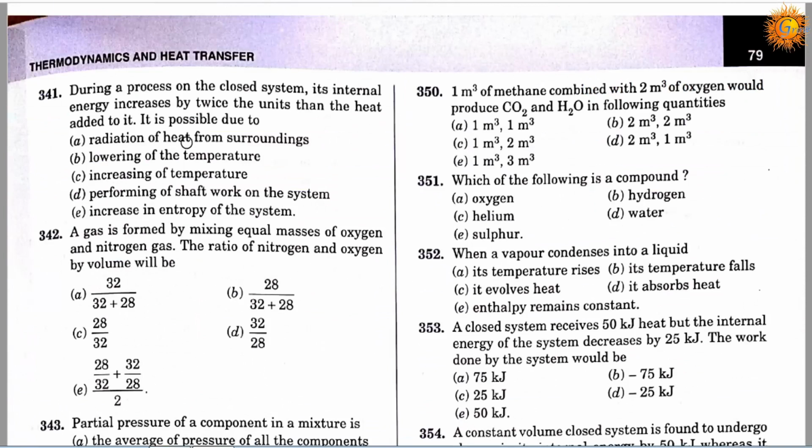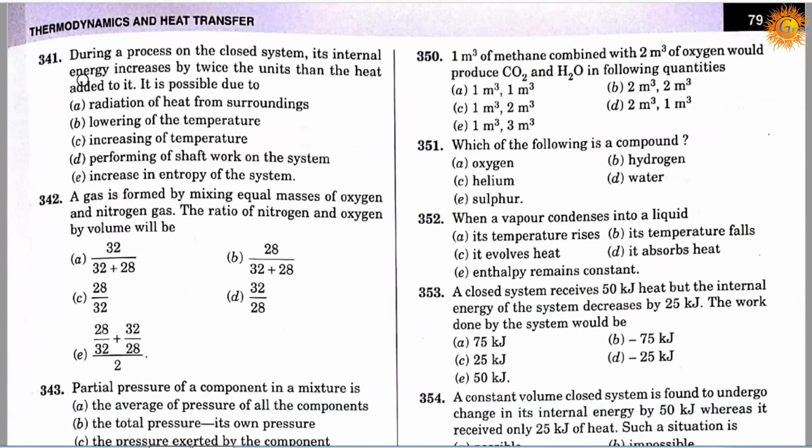Question number 341. During a process on a closed system, its internal energy increases by twice the units of the heat added to it.